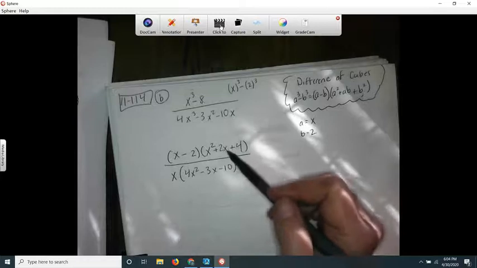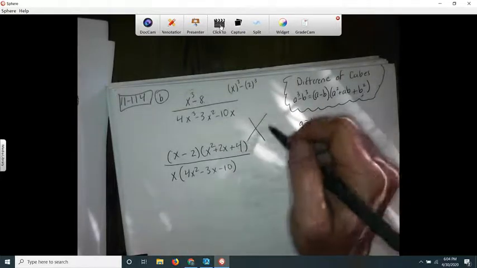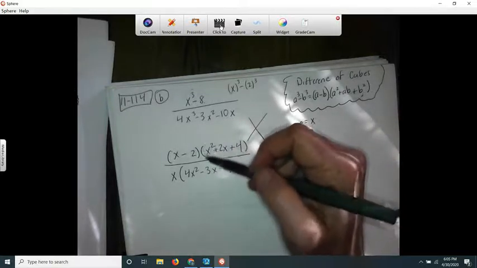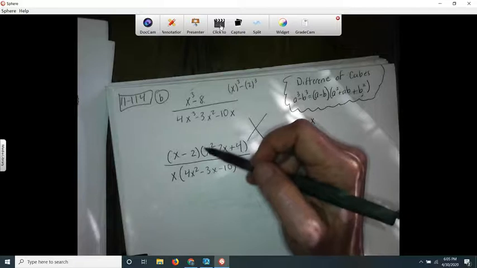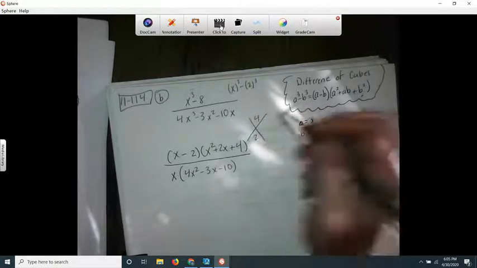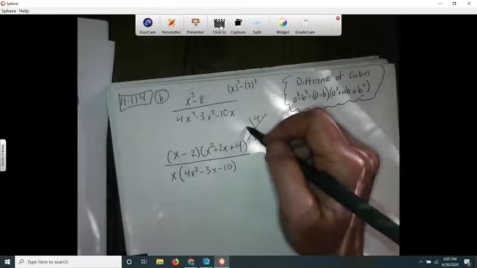To factor the one on top, I don't have to do the little area model box if I don't want to, because the coefficient is 1. So it's going to multiply to make 4 and add to make 2. So, let's see.